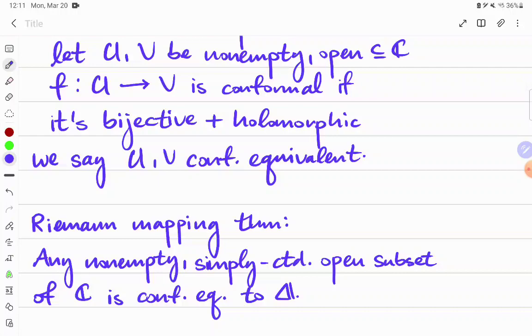This is quite surprising in its breadth because, as we mentioned just a second ago, you can take these wild open subsets, like the ones with fractal boundary, yet there exist angle-preserving maps, so somehow iteratively getting closer and closer to smoothing them out on the outside to the unit ball.